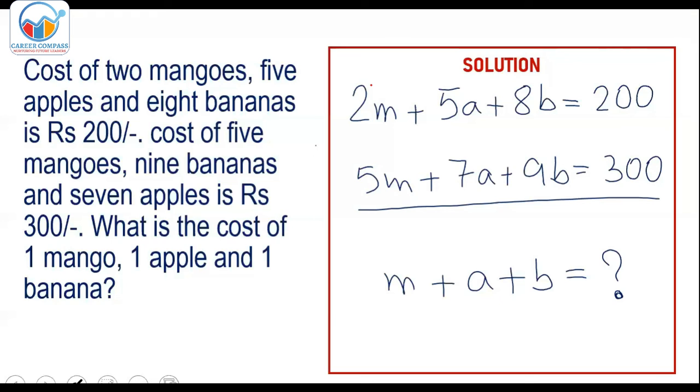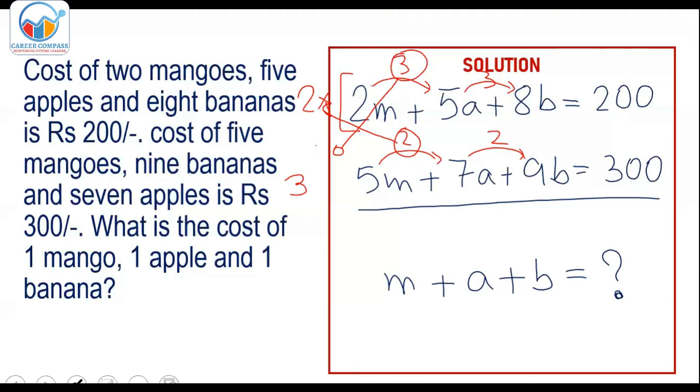Observe the coefficients. In the first equation, the difference between the coefficients is 3. Observe the coefficients of the second equation, the difference is 2. So they will give you something this smart only. So you bring this 3 here, you bring this 2 here, and then you multiply.